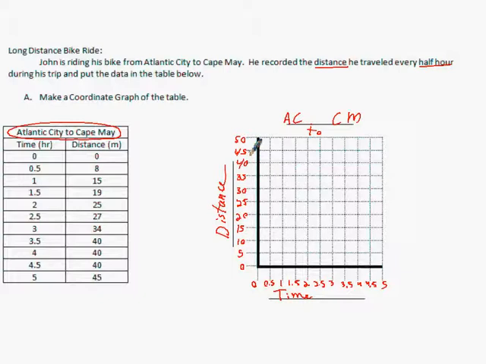Alright, let's go ahead and start graphing the coordinates. At 0 time, we have 0 miles, because he has not started yet. At 0.5, we're at 8, so probably right about there.